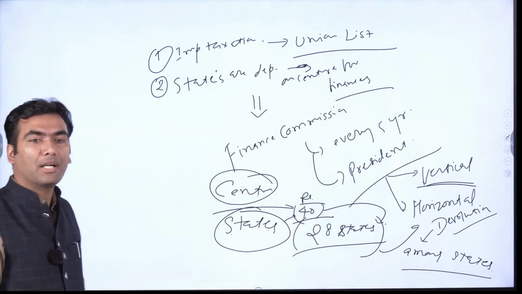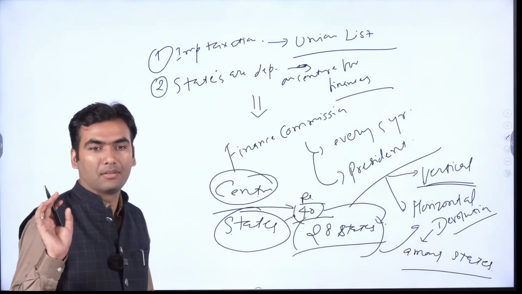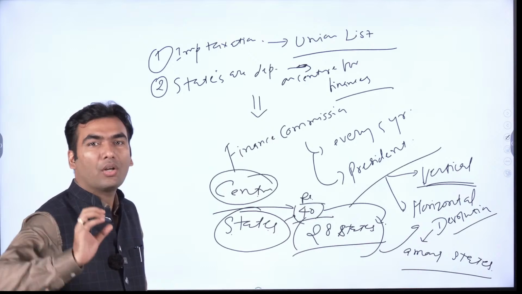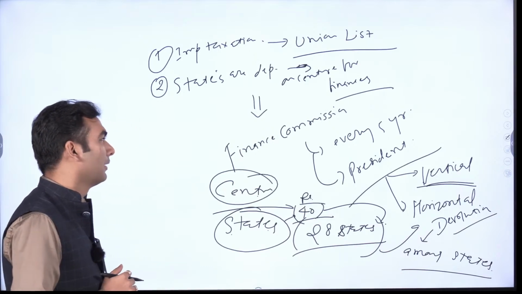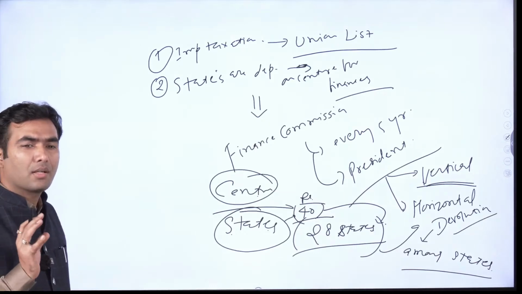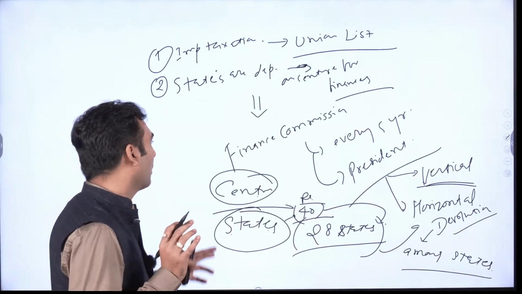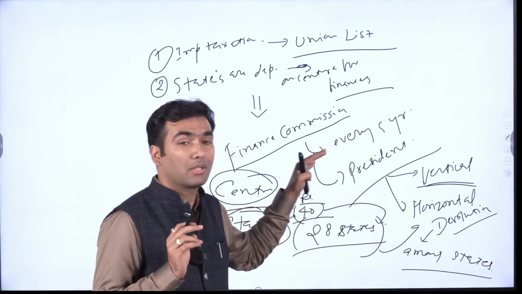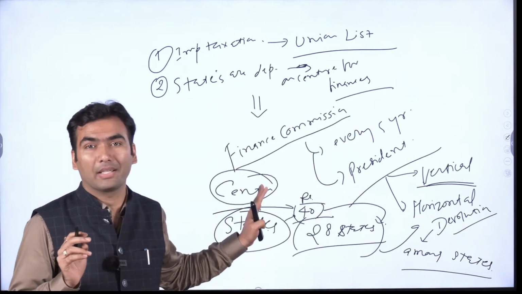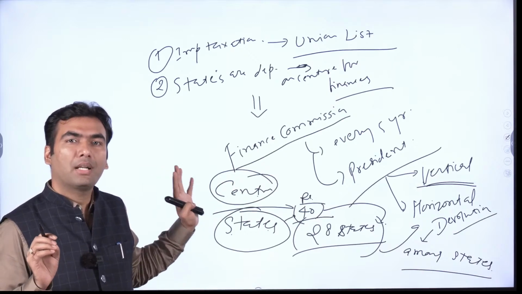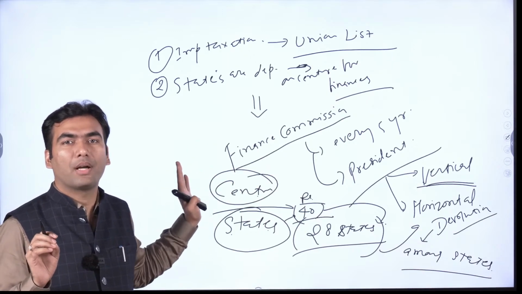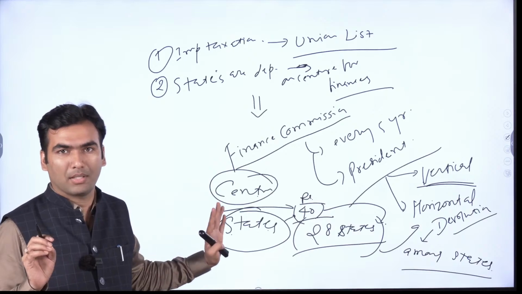As such, a recommendation means a recommendation. It's your suggestion, your advice. It is never binding. But usually in the case of the Finance Commission, if you do not accept the advice, all the 28 states are going to be angry with you. So normally, the central government has accepted the advice given by the Finance Commission.